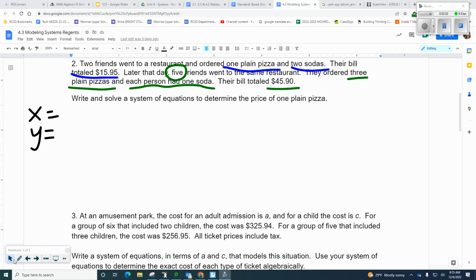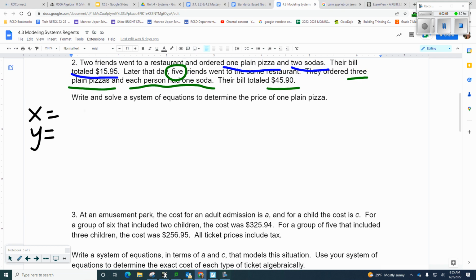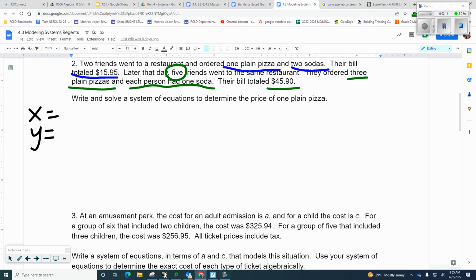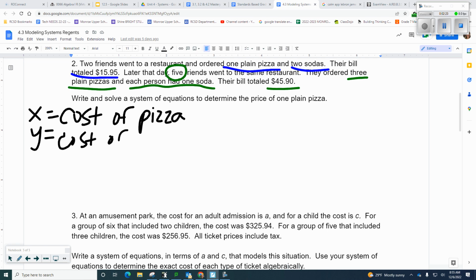Okay, so the 2 things that they're buying are pizza and soda, so that's what our variables are going to be. Cost of pizza and cost of soda.